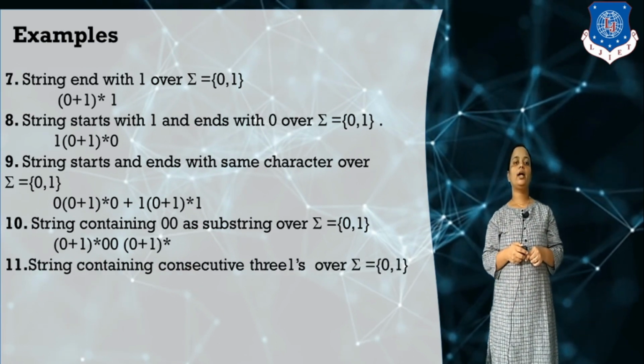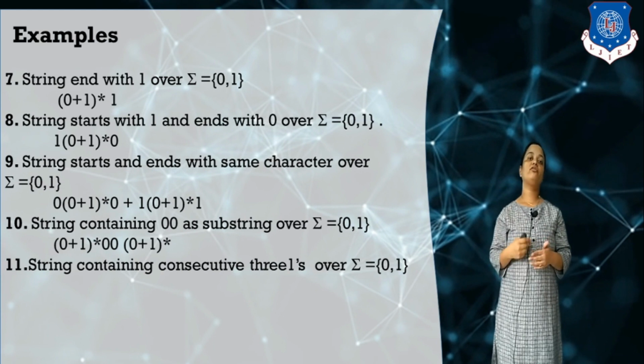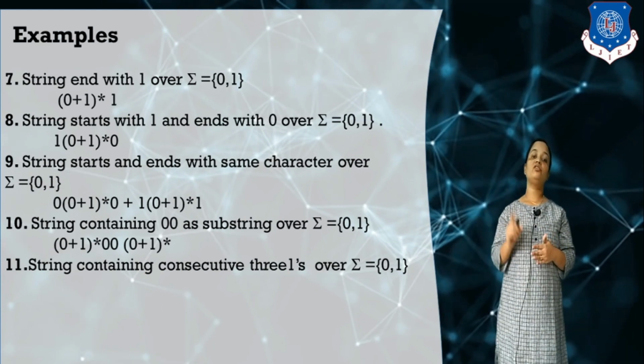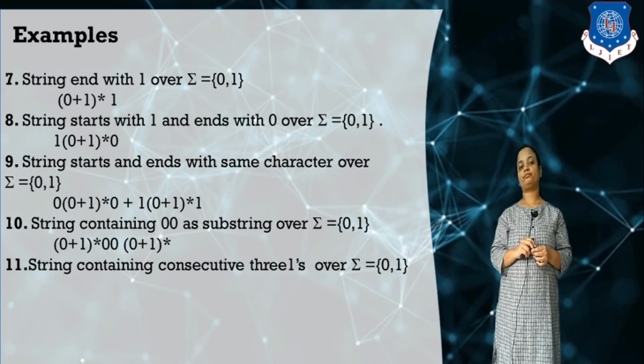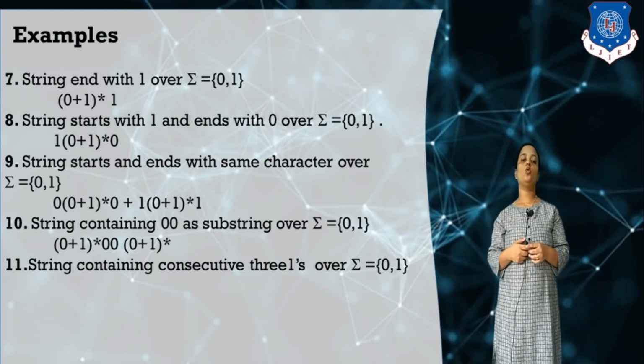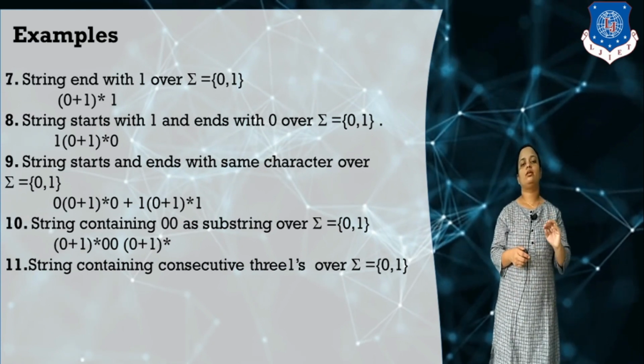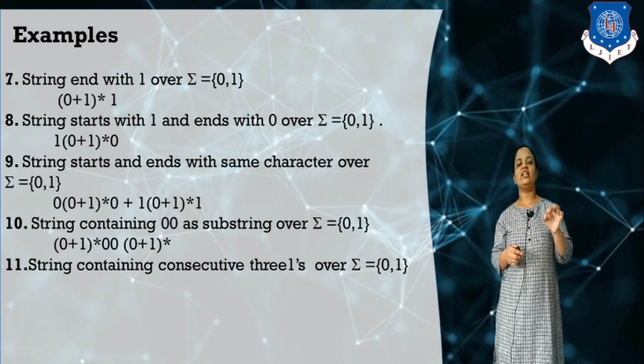The string containing consecutive 3 ones. Okay, now they have given that 3 ones should appear. How can we write down the regular expression? It is some kind of similar to the previous example.